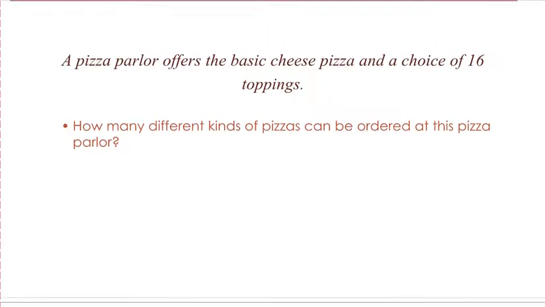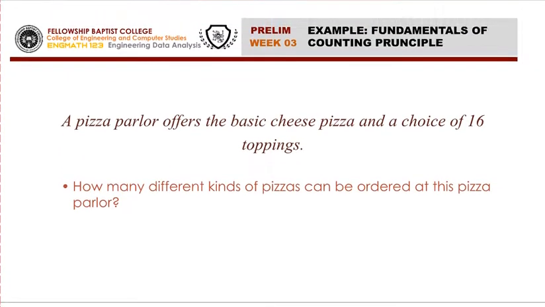A pizza parlor offers a basic cheese pizza and a choice of 16 possible toppings. How many different kinds of pizza can be ordered at this pizza parlor? You have a basic pizza.